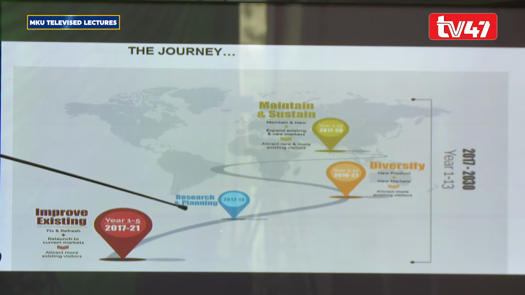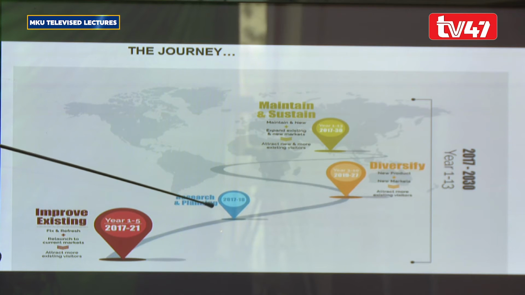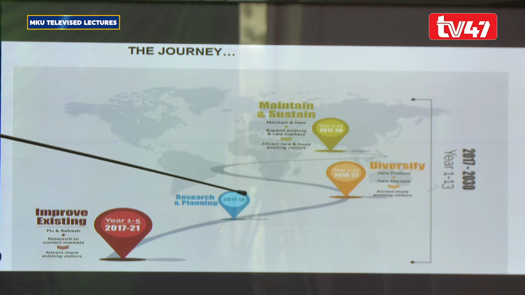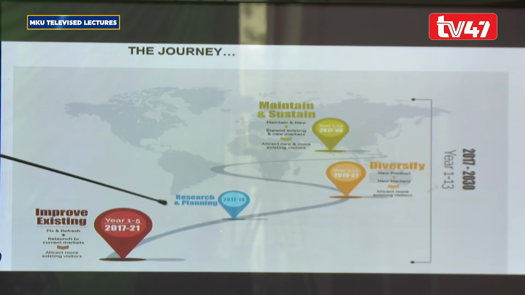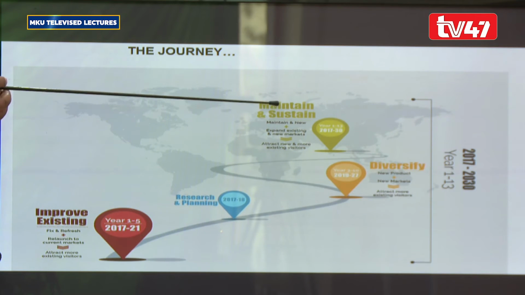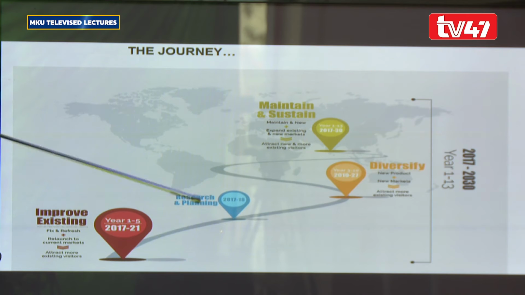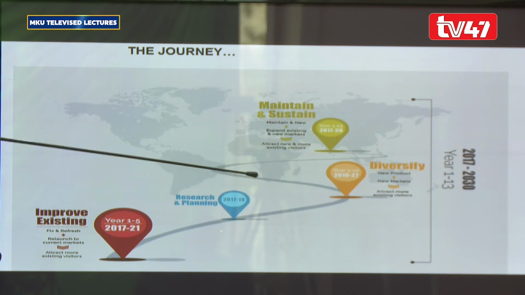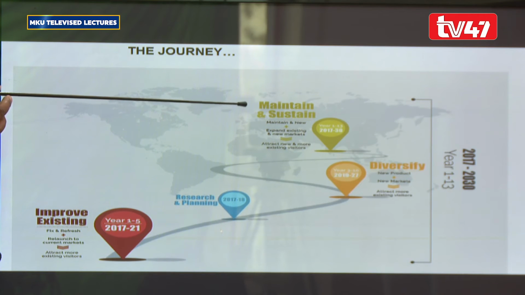We need to carry out research and plan for the same, so that every kind of development that is touching the industry is emanating from sound research. And then we are also saying that we need to maintain and sustain what we are doing best as a country.